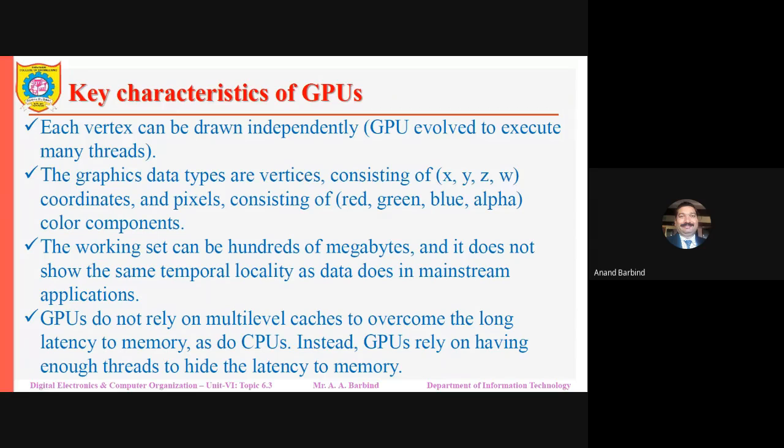But when the graphics processing unit works, it works on a basic graphics data type, the vertices. These vertices consist of four elements: x, y, z, and w coordinates. And then there are the pixels.